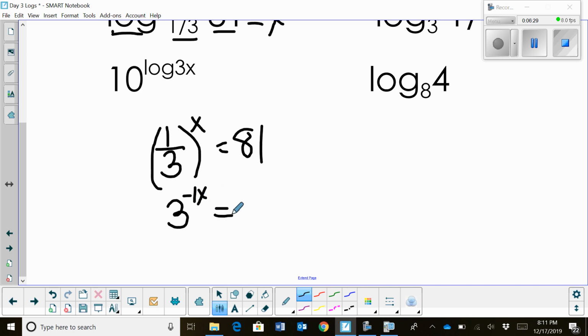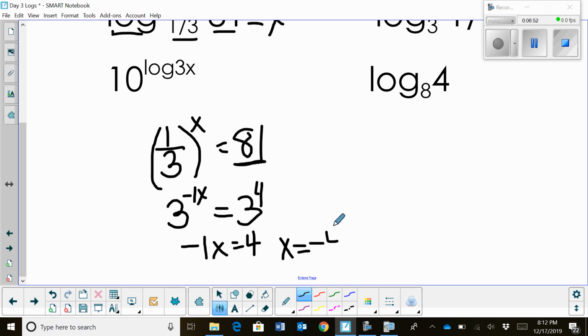That equals 81, but I can also rewrite 81 as a base 3. So 3 times 3 is 9, times 3 is 27, times 3 is 81. So that's 3 to the fourth power. So I have -1x is equal to 4, so x is -4.